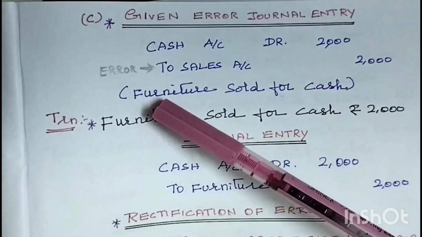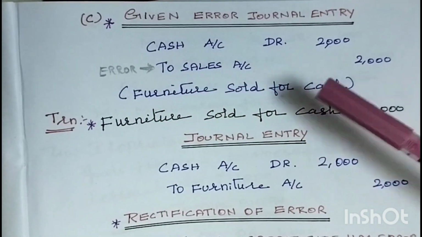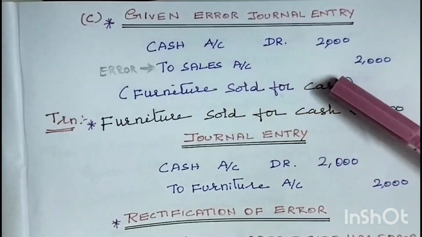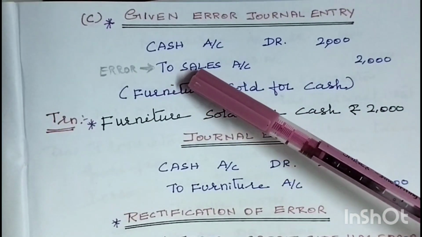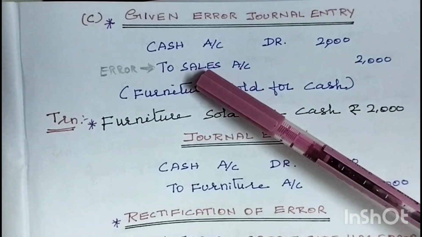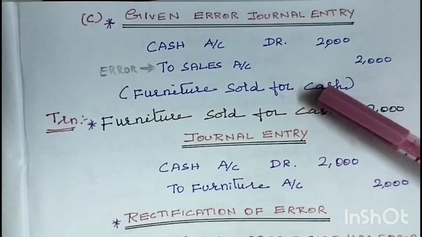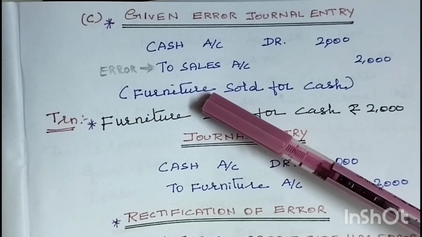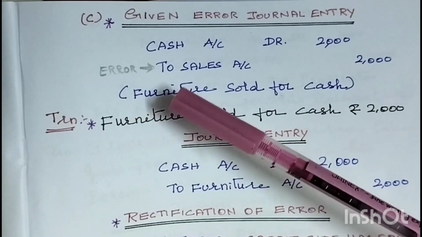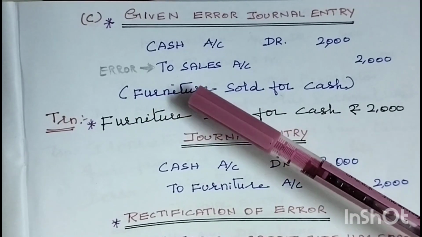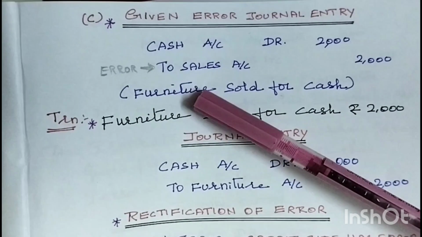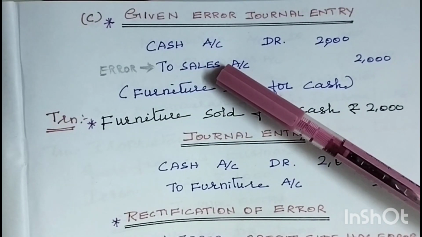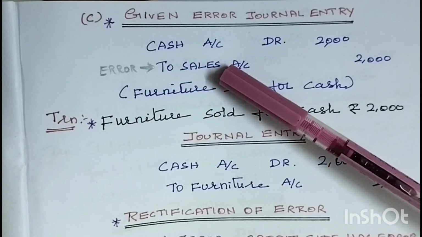But what is given here? Furniture sold for cash. For goods sold for cash only, you enter the sales account on the credit side. But furniture sold for cash means the furniture is an asset. Whenever they give an asset, you have to enter the name of the asset on the credit side. Don't enter the sales account.